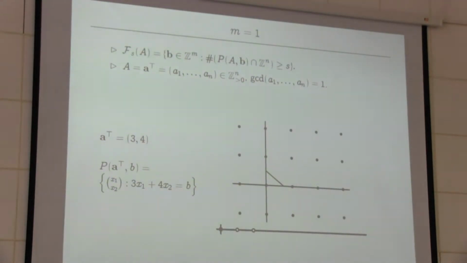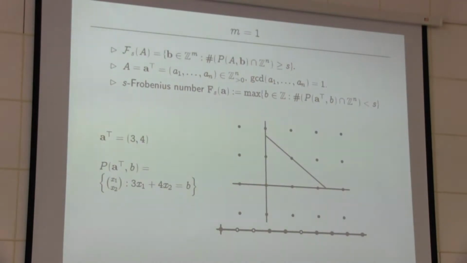The segment doesn't contain an integer point, so 2 is not in our set either. For b equal 3, the segment contains an integer point, so 3 is in our set. And so on and so on. Starting from some integer, all points will belong to our set, right? The last integer which is not in the set, in this case, is 5. It has a special name. This integer is called the Frobenius number, associated with integers 3 and 4.